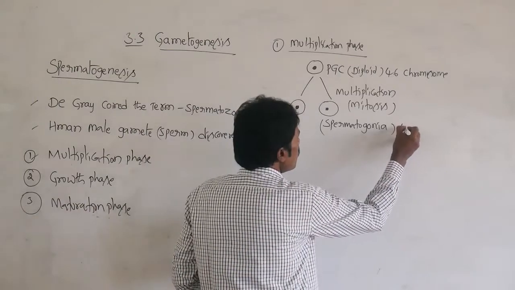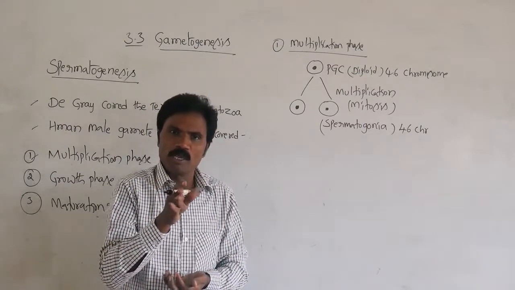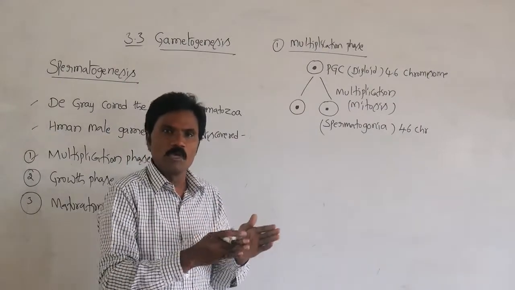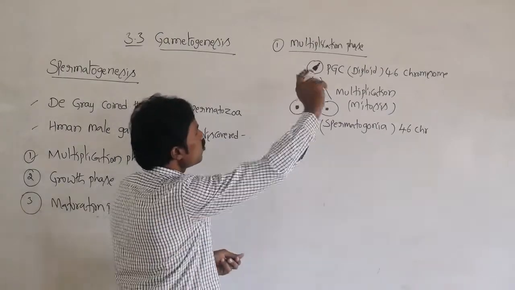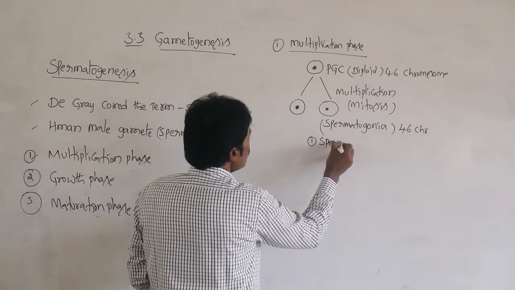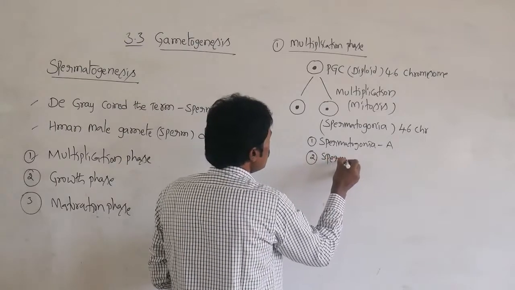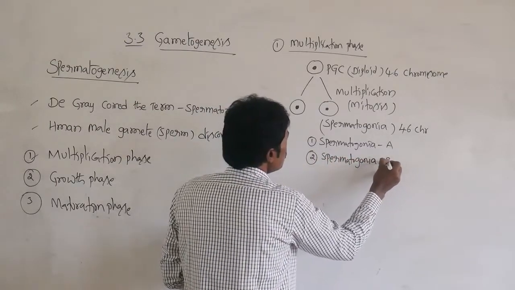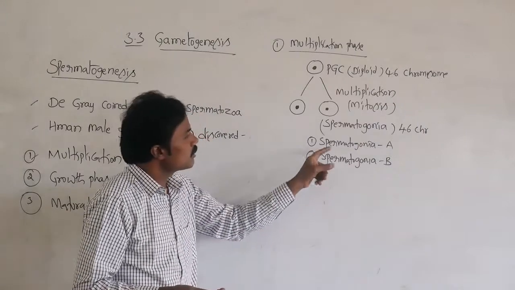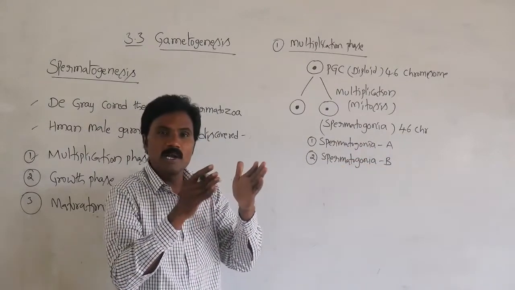But there are two types of spermatogonia that form during the multiplication phase: spermatogonia A and spermatogonia B. Spermatogonium is singular and spermatogonia is plural. So spermatogonium A and spermatogonium B are present separately.